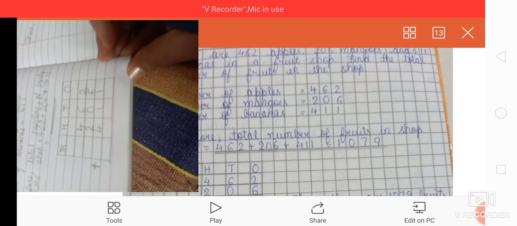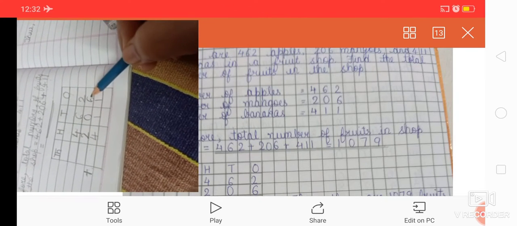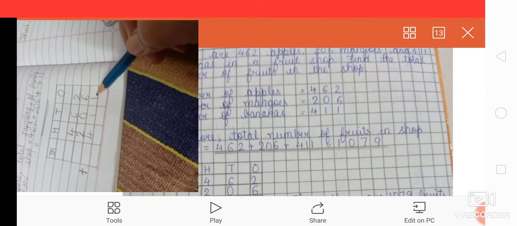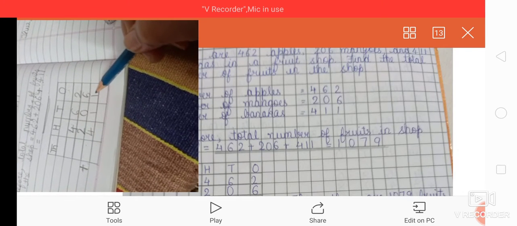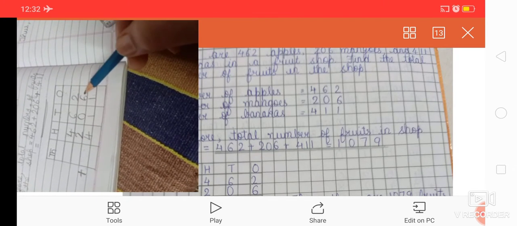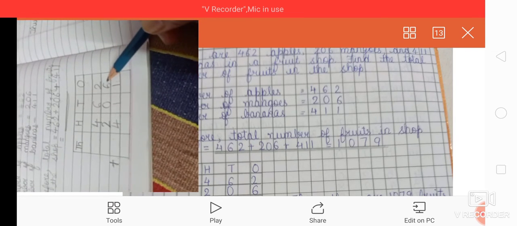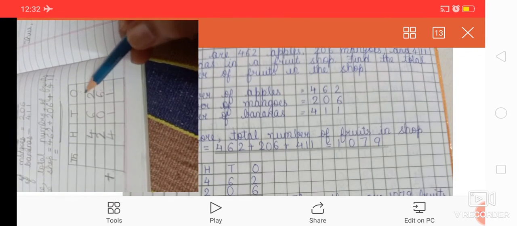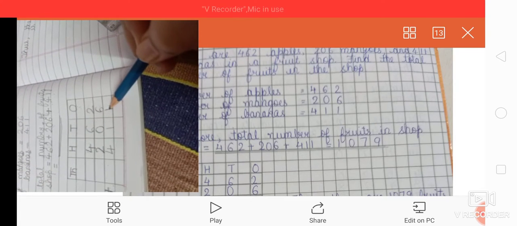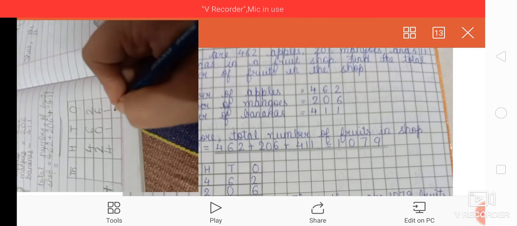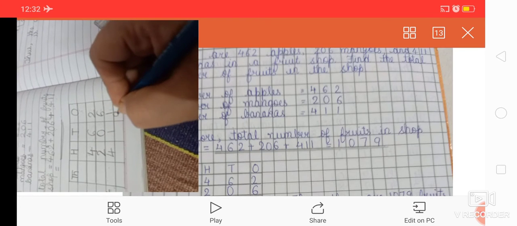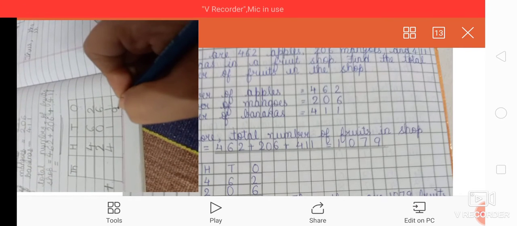What is the number on the ones place? 2 plus 6 plus 1. How many is 2 plus 6? 2 plus 6 is 8. 8 plus 1 is 9.